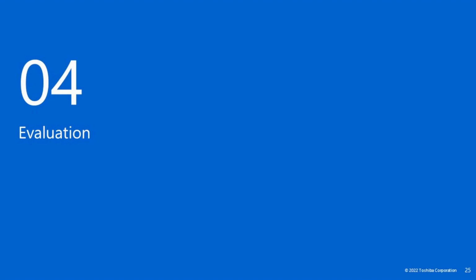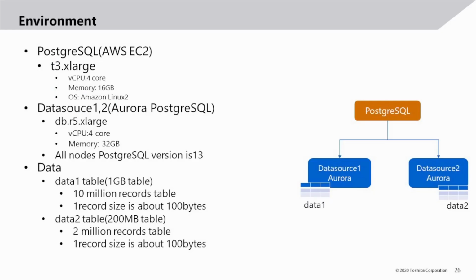Next, I will explain the evaluation. This slide is the environment of the evaluation. The machine is one Postgres and two data sources. The data sources are all Postgres, and I used Postgres FDW. Postgres version is 13 and detailed machine specs are as written.